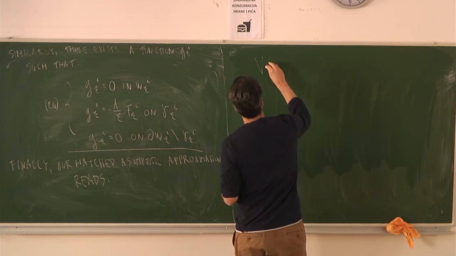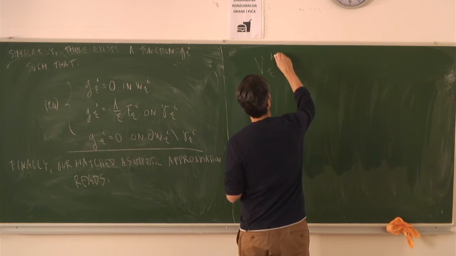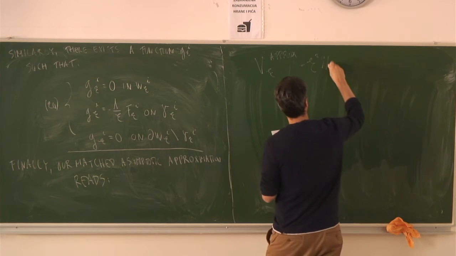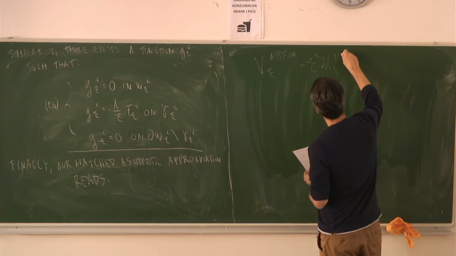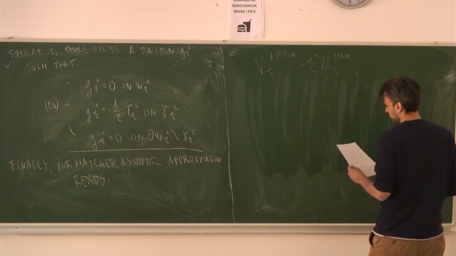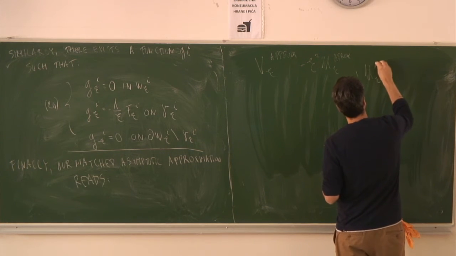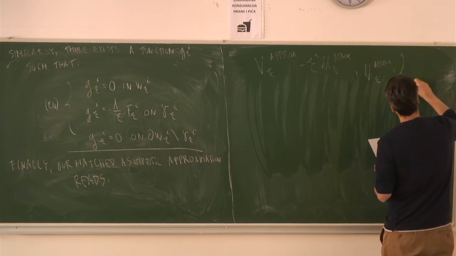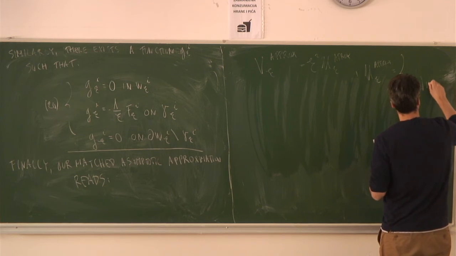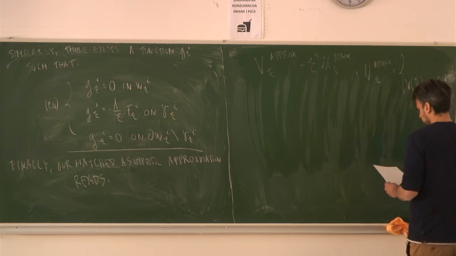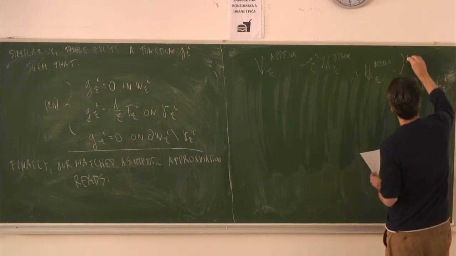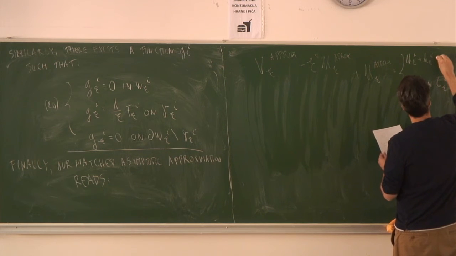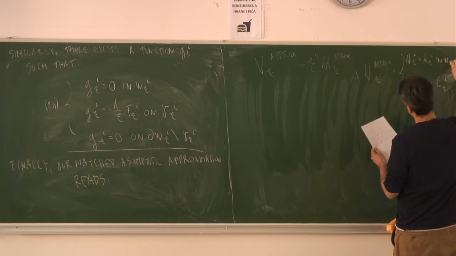So we have V epsilon approximated is epsilon squared U epsilon approximated, where this U epsilon is V of x over epsilon in the interior layer, and U epsilon I plus this corrector, so H epsilon I, in the rest of the pipe, so V epsilon I.